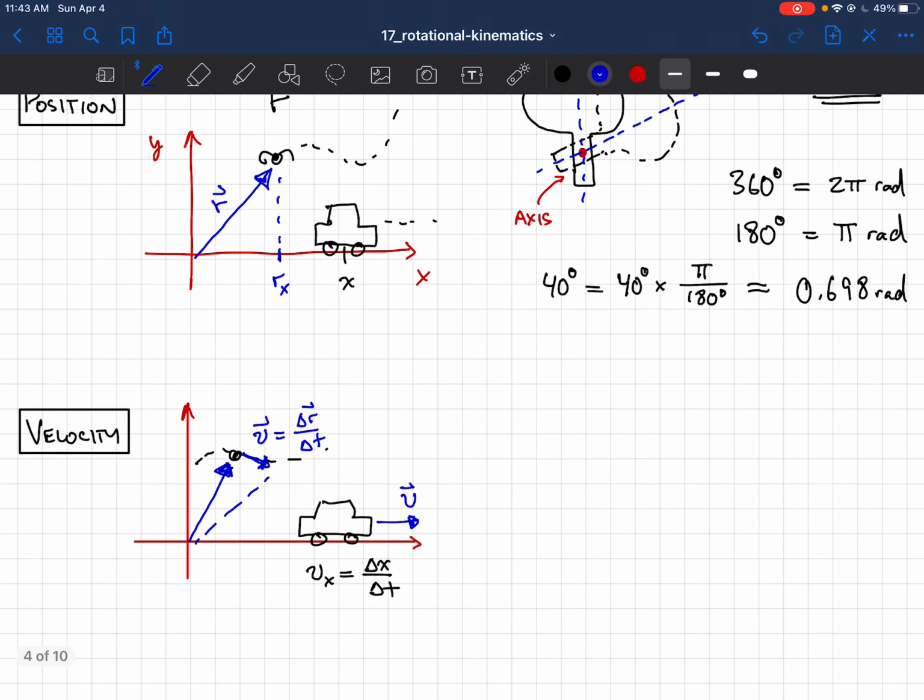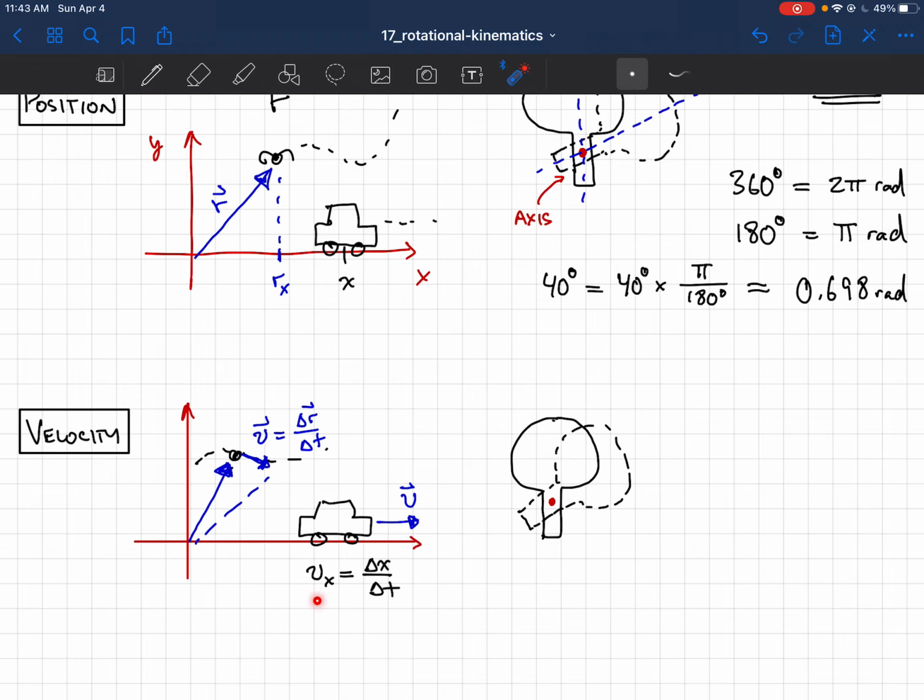So what's the rotational quantity? Well, let's draw our ping pong paddle again. So we have an object that is at this angular position at one moment, and it is at this position at a next moment.